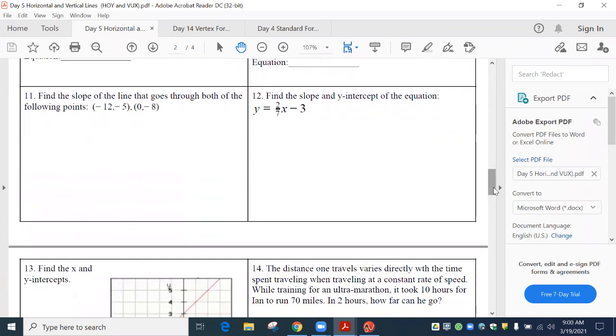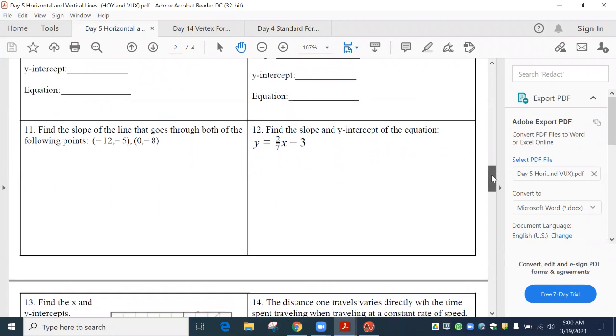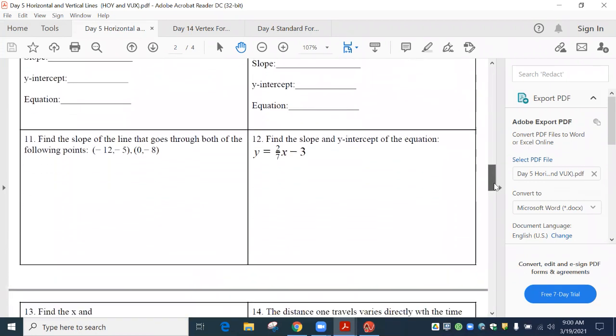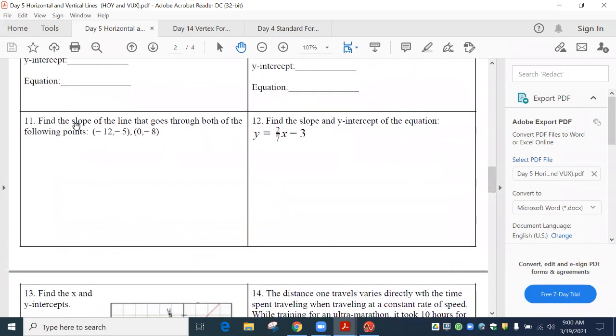All right. So number 11. And you did see, you got both of these, right? Okay. All right, so number 11, we're doing slope again. So I'm going to focus in on the y's.